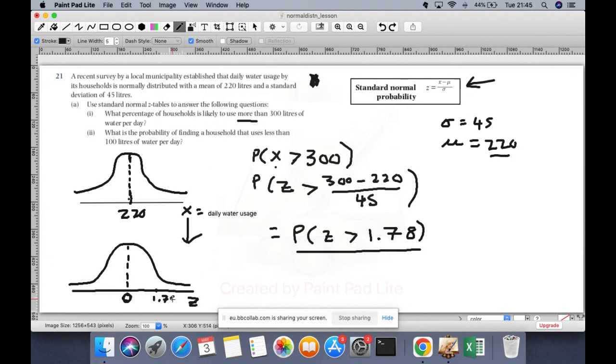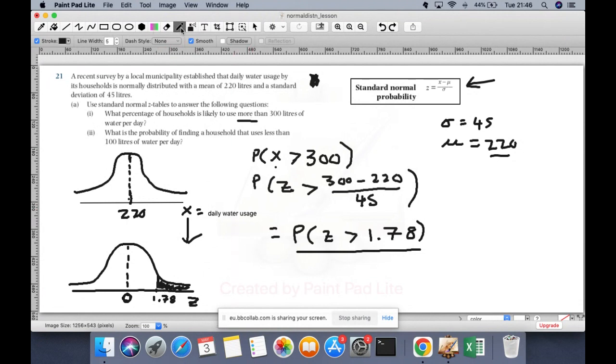So 1.78 is here, and we want to know the probability of z being greater than it. In other words, the probability can be found by determining the area under the curve. We want the area on the right of z being 1.78.